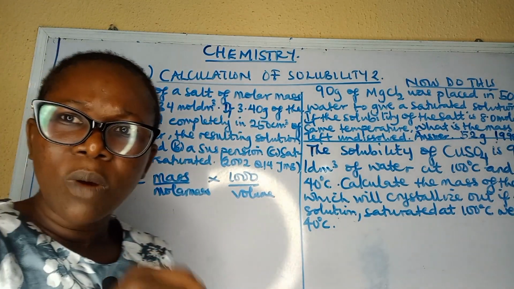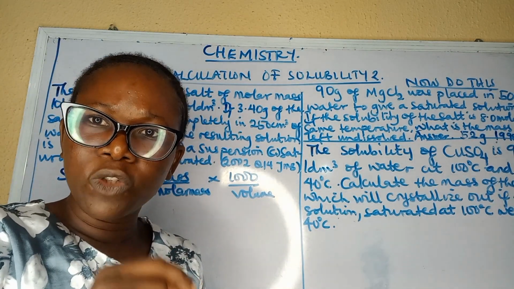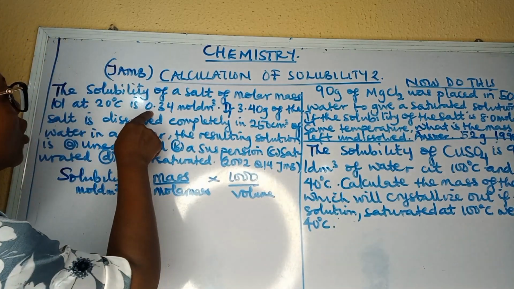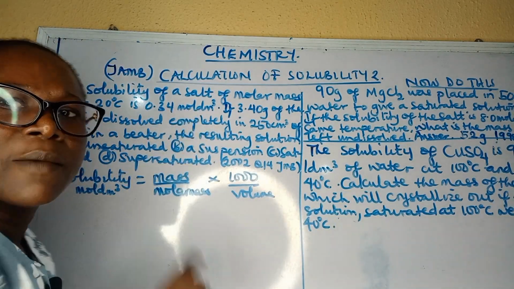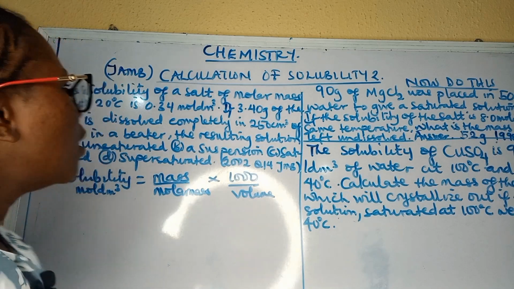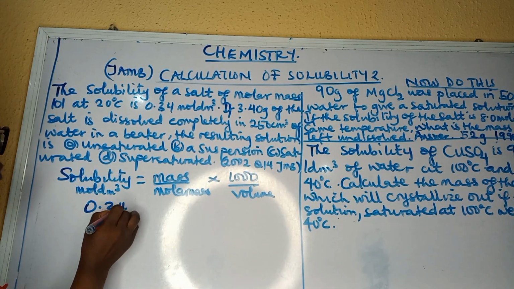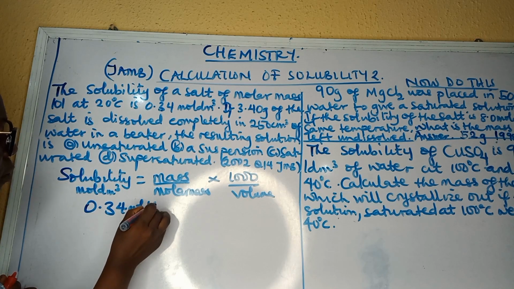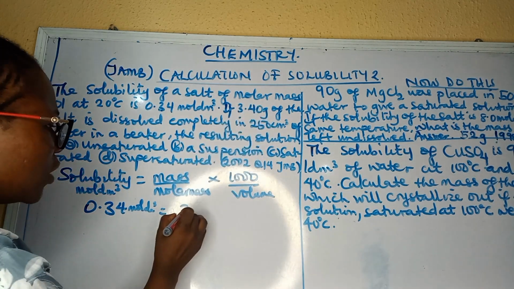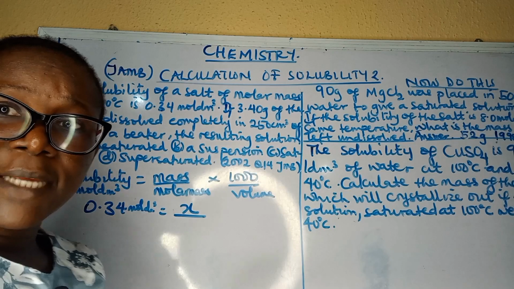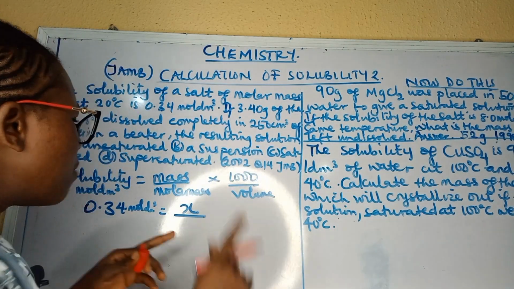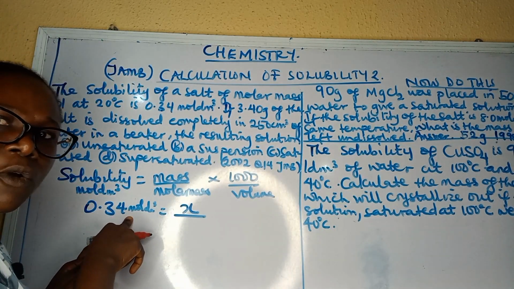We want to know the actual mass or amount of salt that will give a solubility of 0.34 mole per dm cube. So solubility has been given to be 0.34 mole per dm cube, which is equal to mass. We don't know the mass yet. According to what I said, we are going to look for the actual mass of salt that will give a solubility of 0.34.